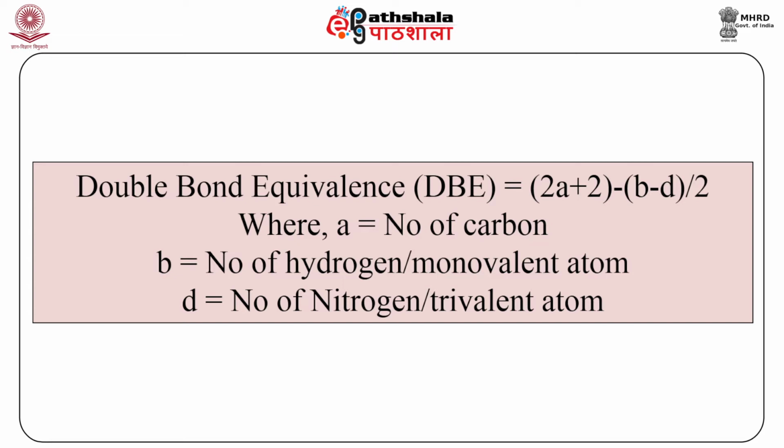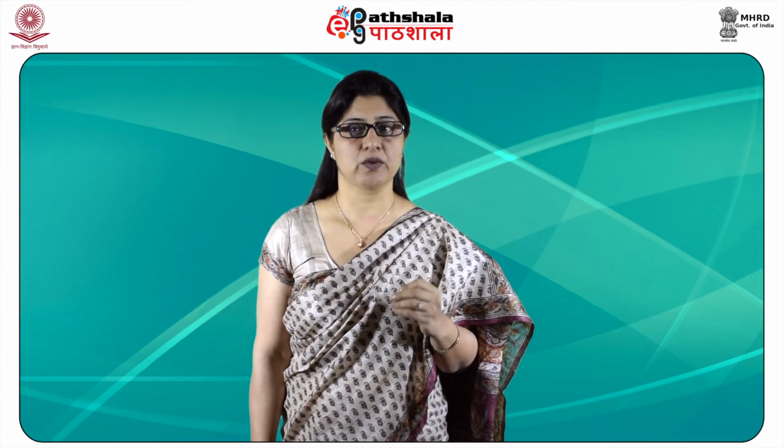If we analyze the formula, A is the number of carbons, B is the number of hydrogens or monovalent atoms, and D is the number of nitrogens or trivalent atoms. Substituting all the values, we find that the double bond equivalence for the given organic compound works out to 2.